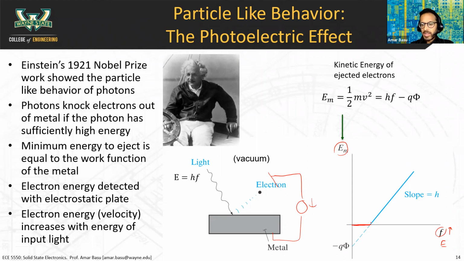Once you get to here, once the energy is equal to q times the work function of the metal, then the electrons start getting ejected. And as you increase the energy further, the electrons that are ejected have more and more kinetic energy, and that can be detected by this circuit here.